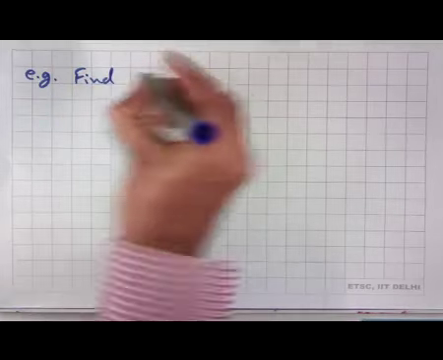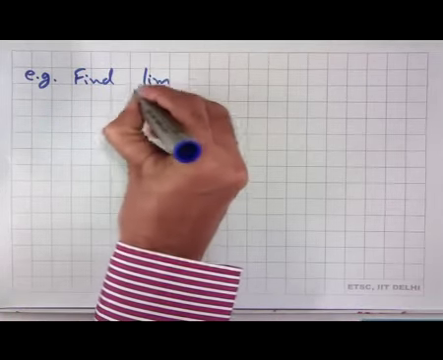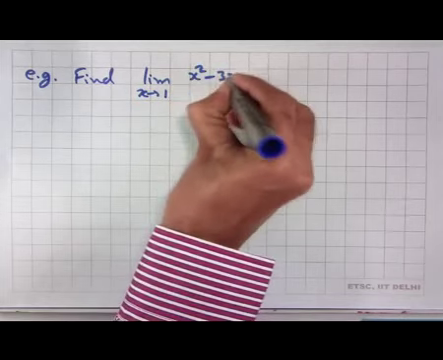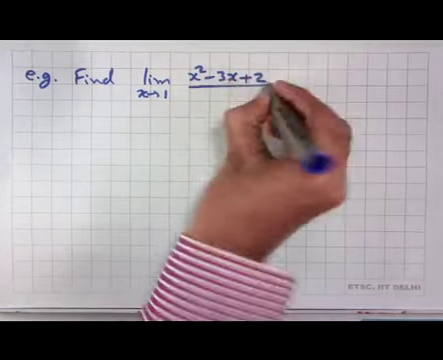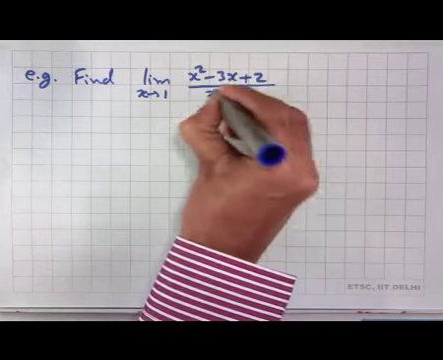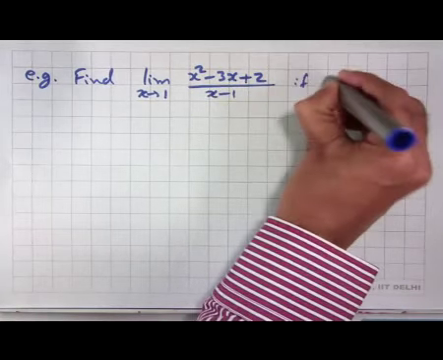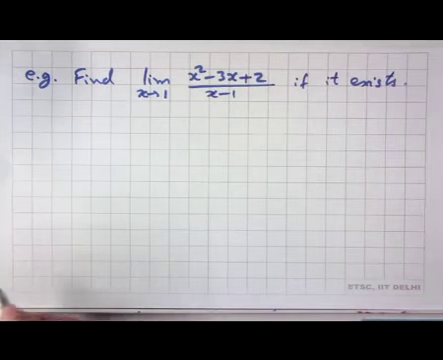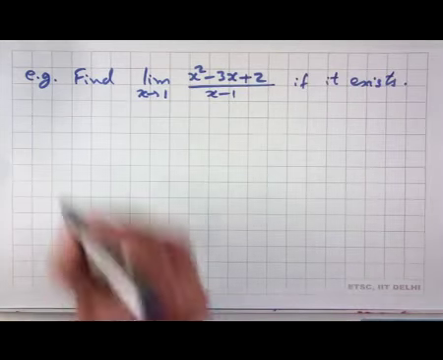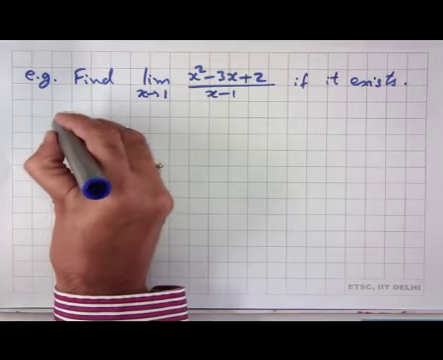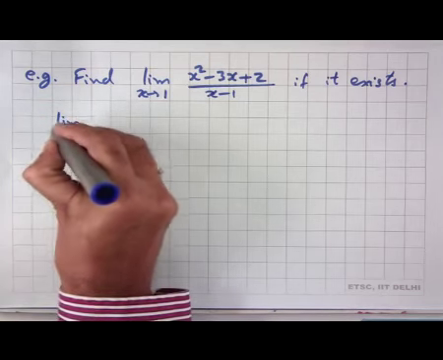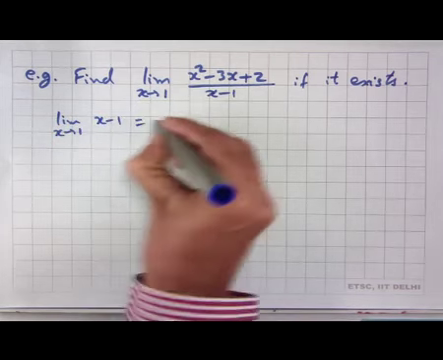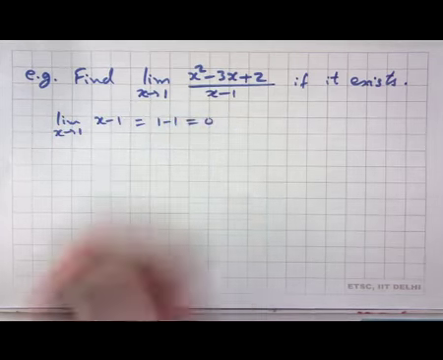So, for example, find the limit as x goes to 1 of x square minus 3x plus 2 divided by x minus 1, if it exists. Here we see that the limit as x goes to 1 of x minus 1 is simply 1 minus 1, which is 0.